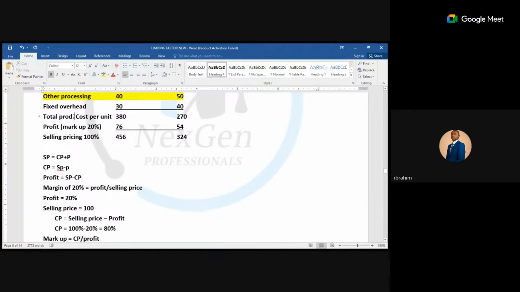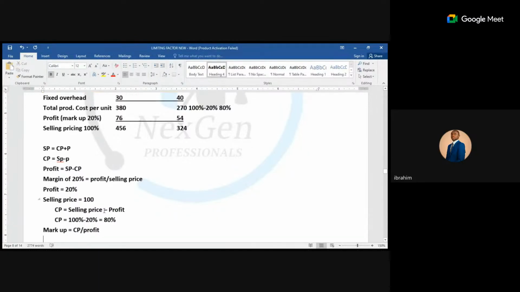To get your cost here will be 100% minus 20%, which gives 80%. You can see your cost here is 80%, your profit is 20%, 80 plus 20 is 100. So selling price is always 100%.